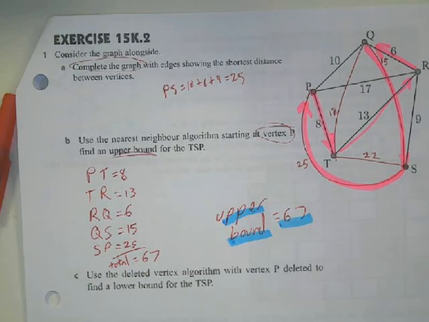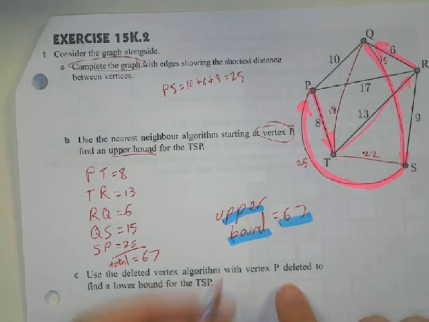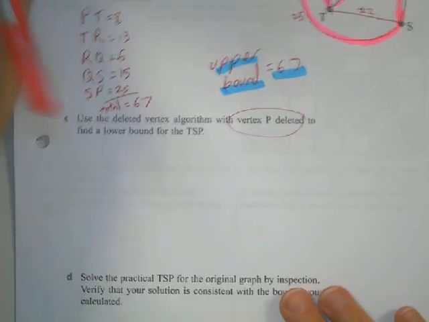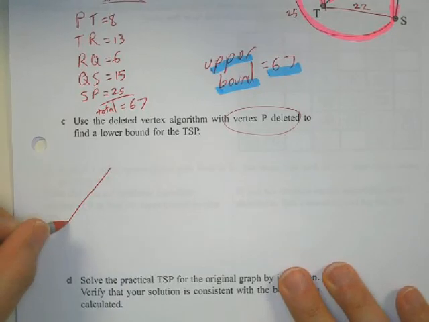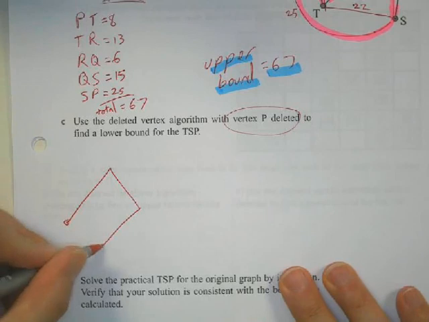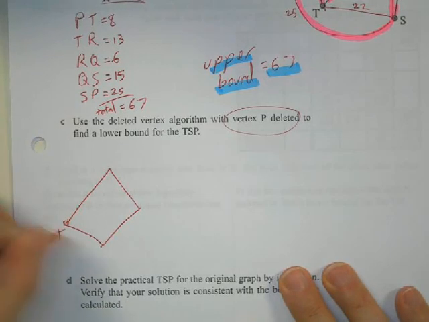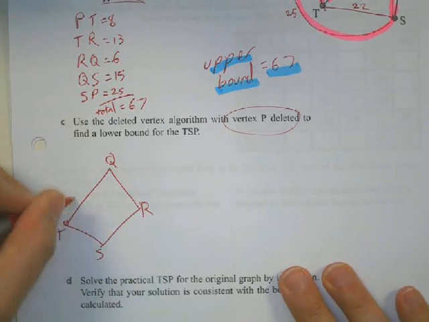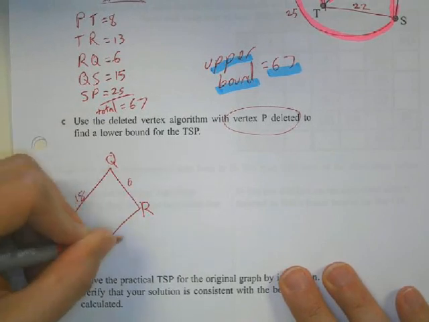Okay. Use deleted vertex algorithm with P deleted to find the lower bound. Okay, so I'm just going to redraw this. T, S, Q, R. That's 18, 6, 9.